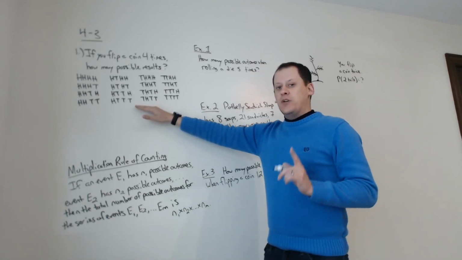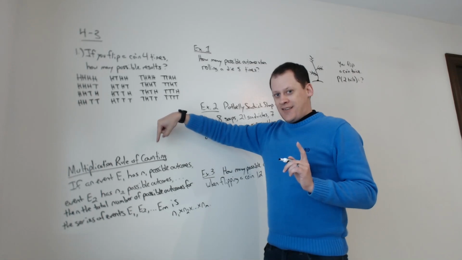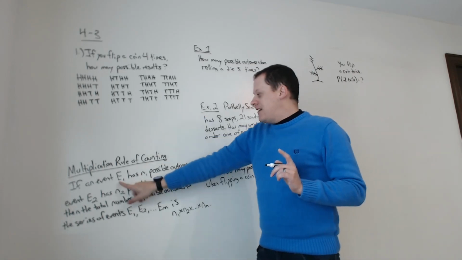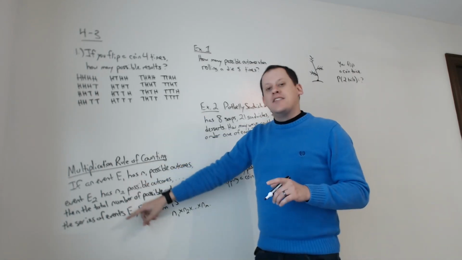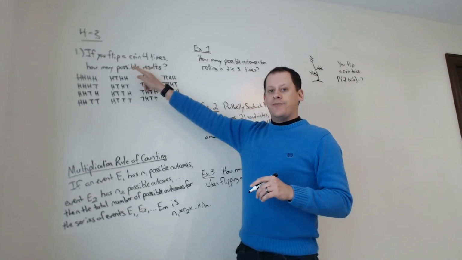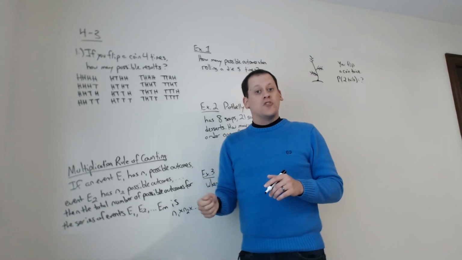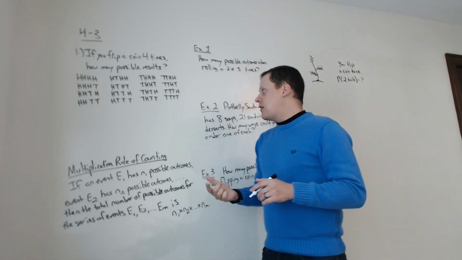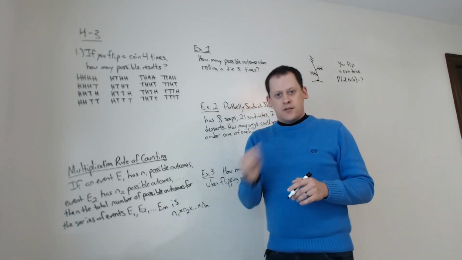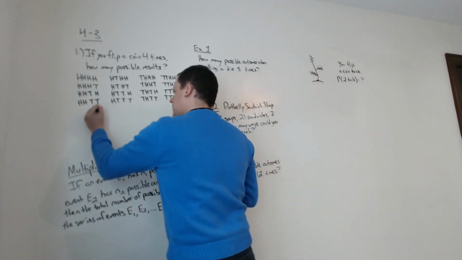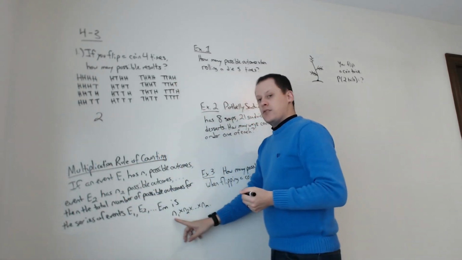But how else could we have done it now that we know about this? How many events are there in this problem? Event 1 is you flip the coin the first time. How many outcomes are there when you flip a coin once? Heads or tails, that's 2. So N1 is 2.